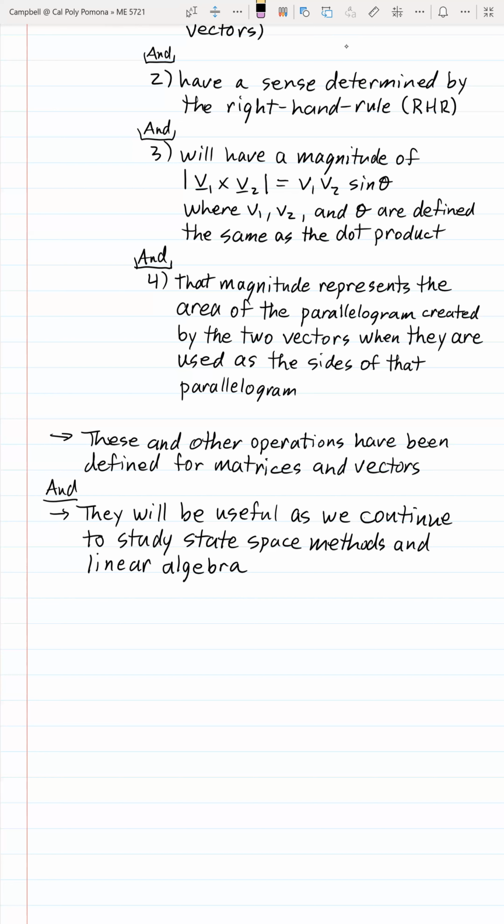So we will be seeing more of linear algebra again once we get through our system descriptions using state space methods. But for right now, what we have covered will take us reasonably well through this idea of developing state space models for dynamic systems. So with that, we'll call this first part of our linear algebra review a wrap.